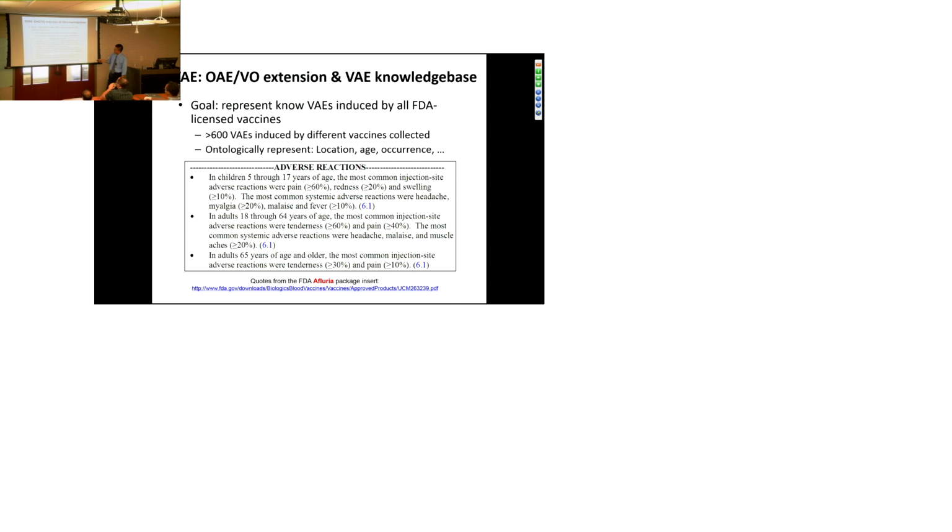For this vaccine, for 5 to 17 years of age, there are injection site adverse events like pain, redness, and swelling, with different percentages for different ages. This information is good. Of course, you can use Google to find it, but it may not be accurate. And how can you compare all those adverse events among different vaccines?